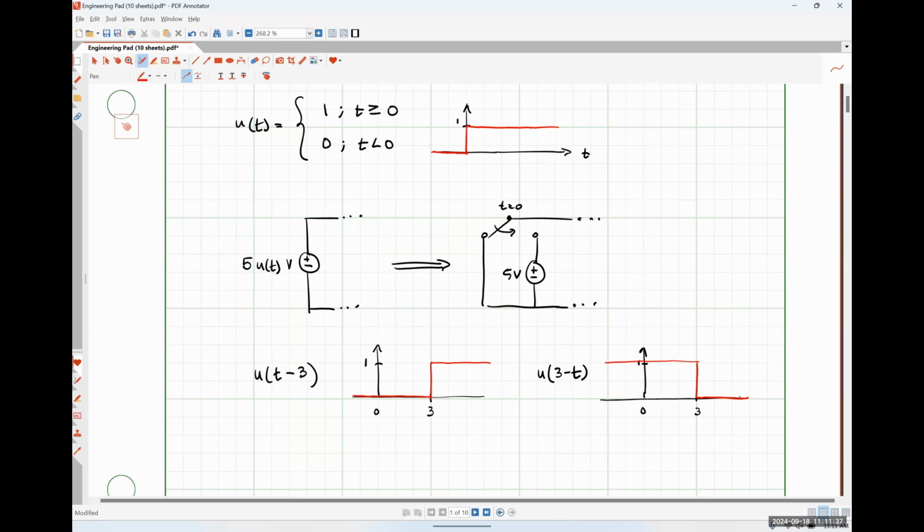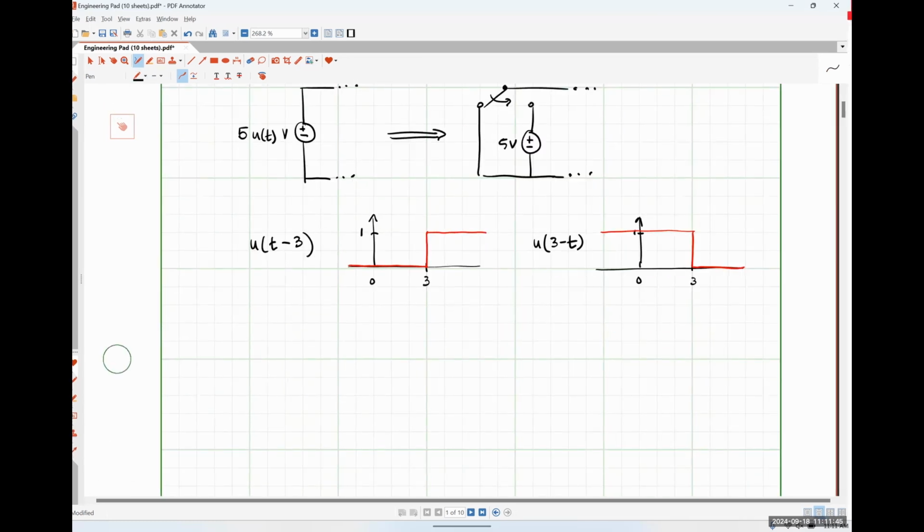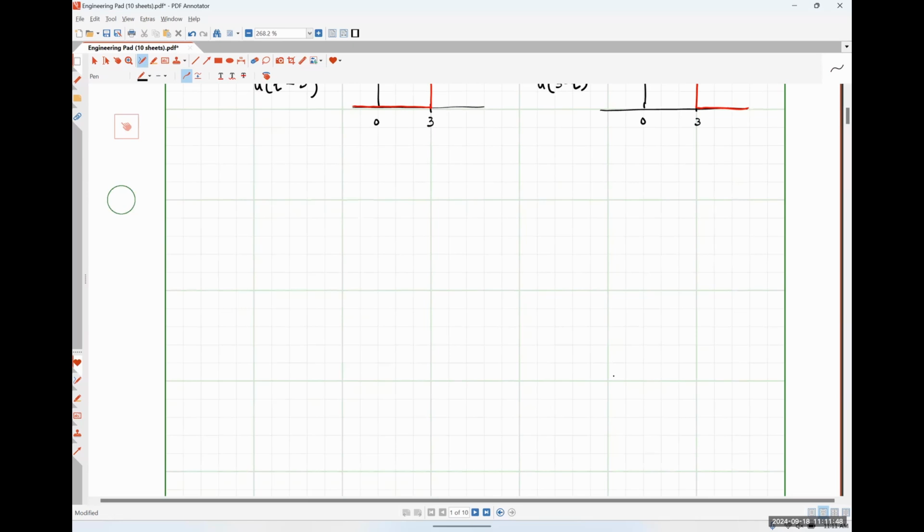All right. So the next function that we are interested in is the unit impulse function. Also known within math circles as the Dirac delta function. And mathematically, the Dirac delta function is defined as follows.